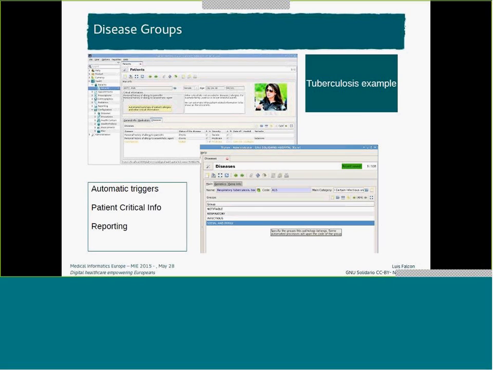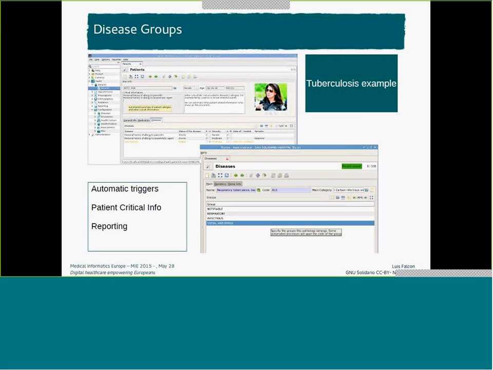But in these groups, I can automate things. For example, if it's notifiable, I don't have to manually go and say, okay, I have this index case, but the system will automatically trigger and notify the Ministry of Health.